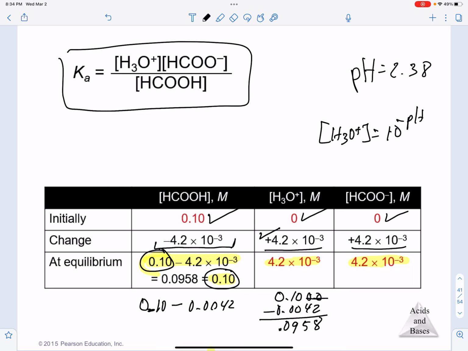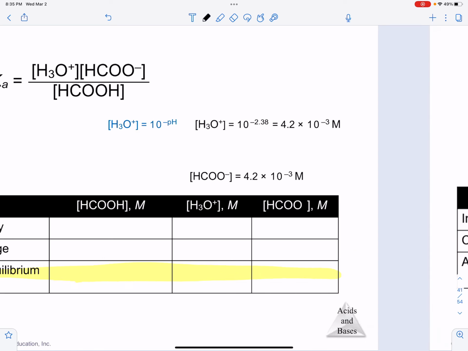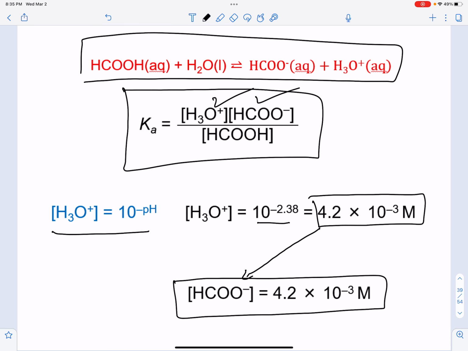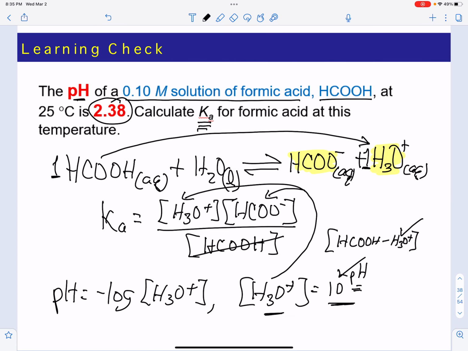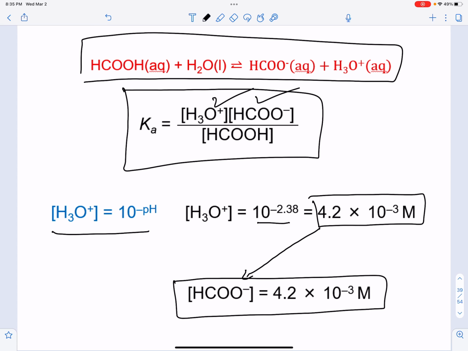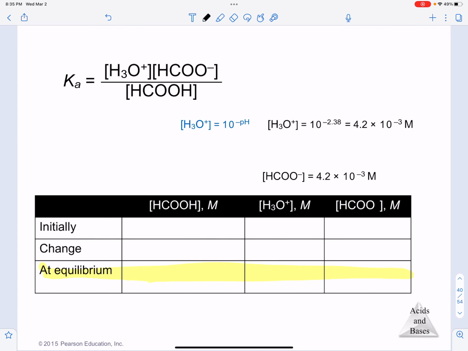Since this is a subtraction, with 2 decimal places and 4 decimal places, our result can only be 2 decimal places. We drop the 5 and round to 0.10. That means this value of x was too small, so it was insignificant, in other words.